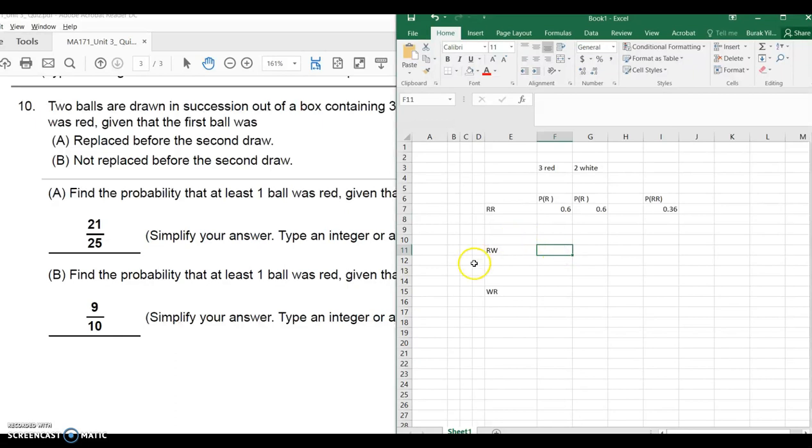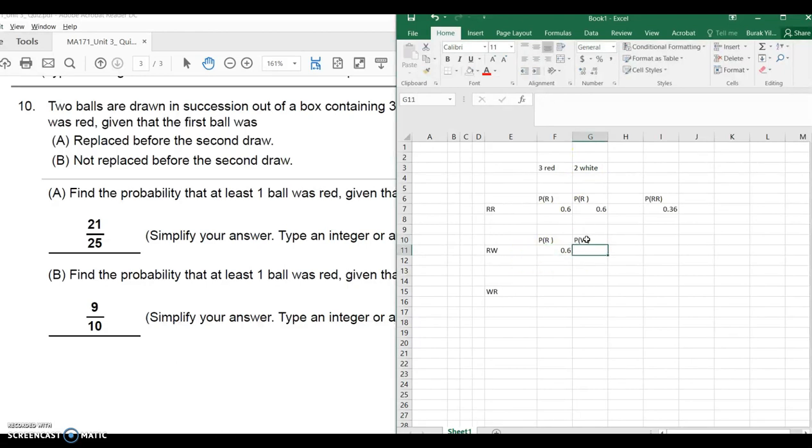And then in the second scenario, the first one is going to be red, which is exactly the same here, because it has to be 3 out of 5, so 3/5, 0.6.